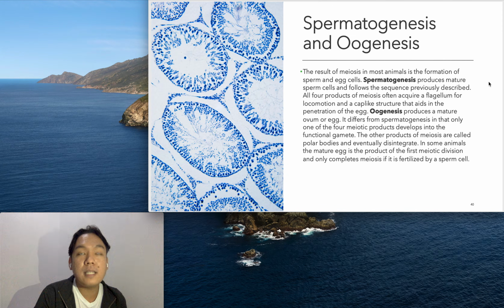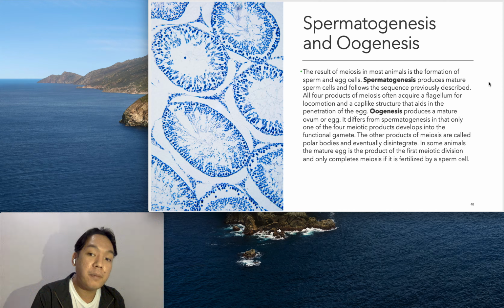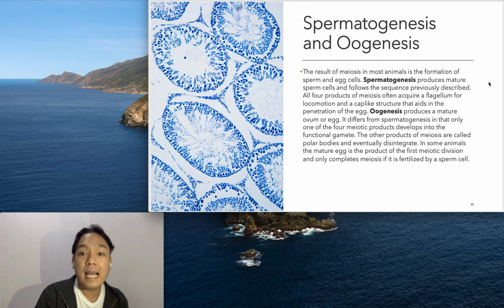So what about releasing the sex cells? For the males we have spermatogenesis, and for the females, oogenesis. So for most animals, the results of meiosis will form the sperm and the egg cells. The spermatogenesis produces mature sperm cells and follows the sequence previously described.